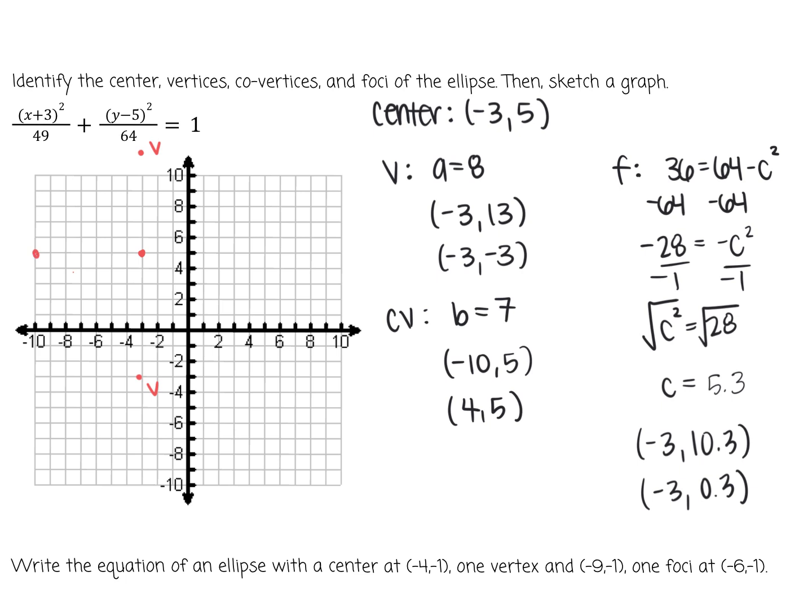Then (negative 10, 5) for our co-vertex, and (4, 5) for our other co-vertex. And then we can do a rough sketch of our ellipse, which looks somewhat like a circle. Since a and b are 8 and 7, it looks very, very close to a circle.